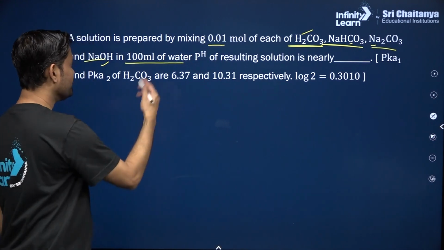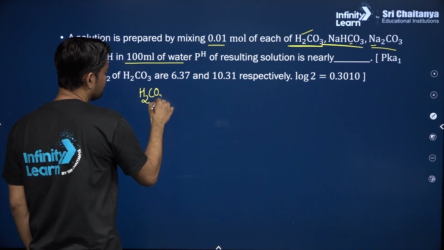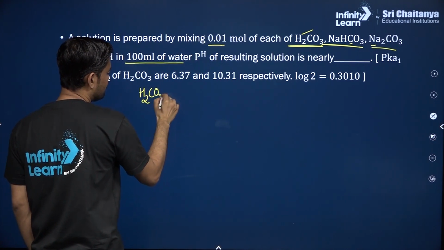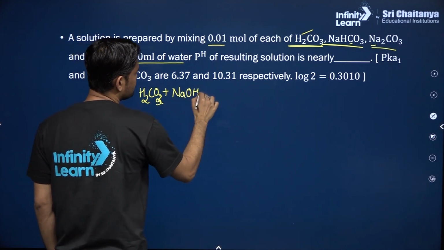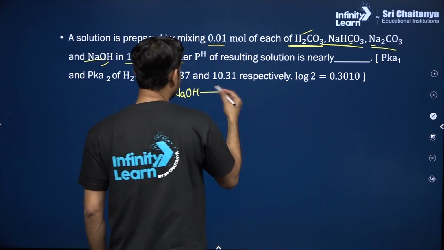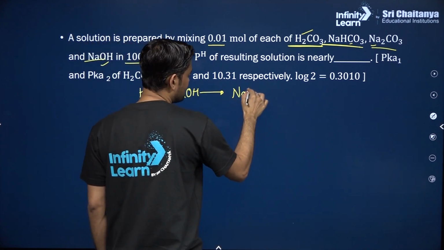So if you see the reaction of acid and base, you take carbonic acid and treat it with NaOH. They will completely neutralize each other to give you sodium bicarbonate.